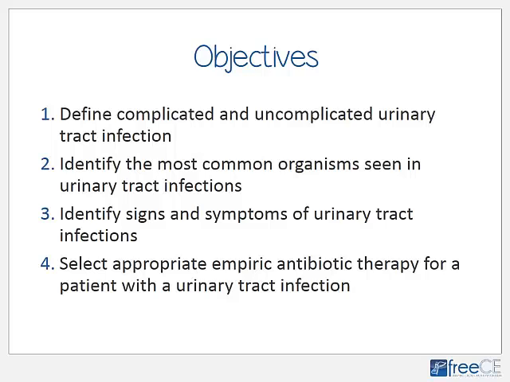I think it's also very important to understand the signs and symptoms of a urinary tract infection, particularly when we talk about our elderly patients or our catheterized patients, because they're a bit different than our patients who are younger and not catheterized. And so those are really going to be the guiding objectives for our discussion today.